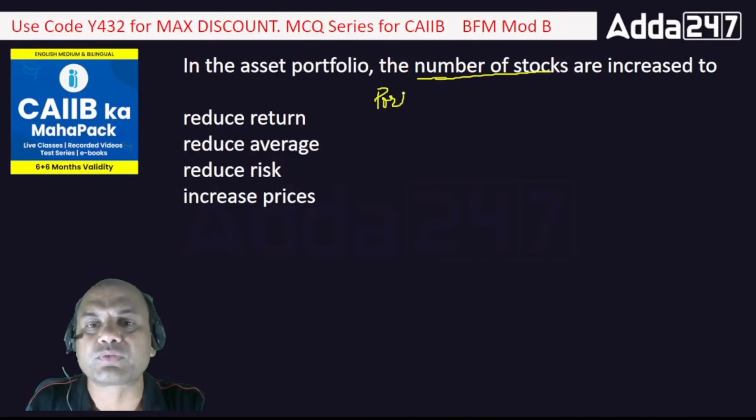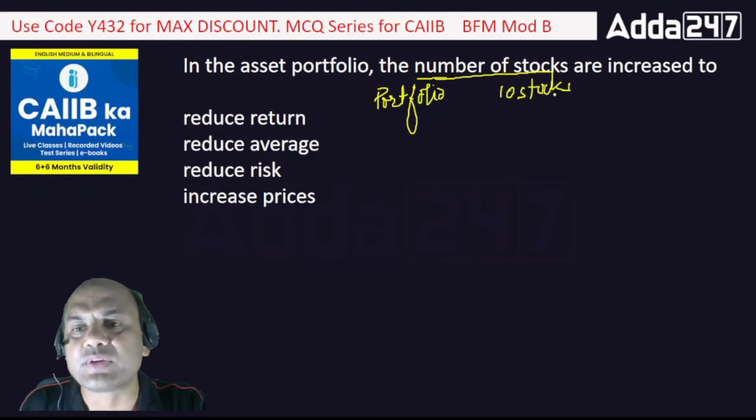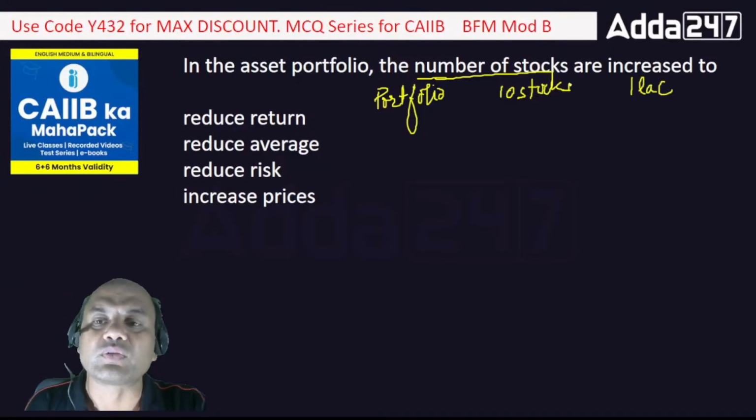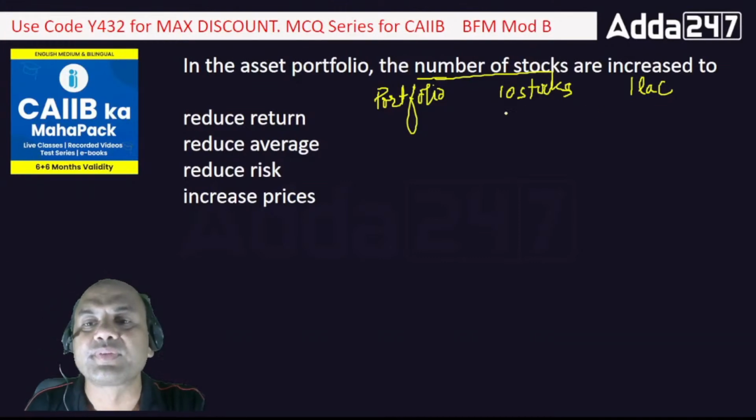Okay, now let's say there are 10 stocks in this, and I invest around 1 lakh rupees in this. When I invest 1 lakh in that portfolio of 10 stocks, if I divide it averagely to all, each stock will get 10,000, 10k, I'll write it.